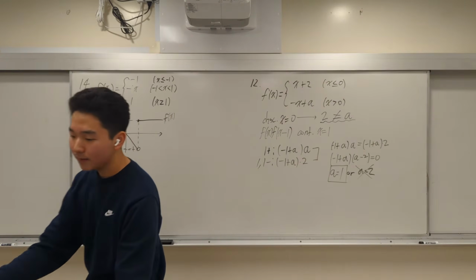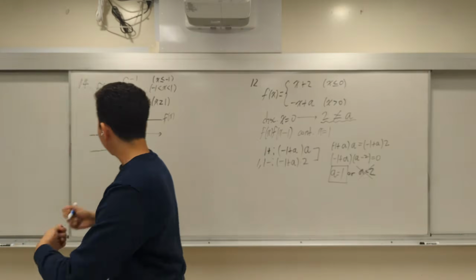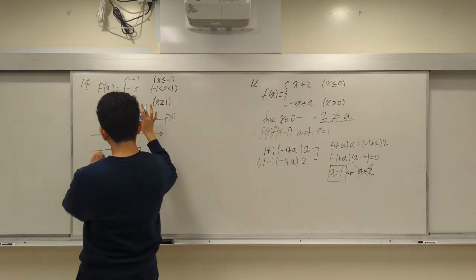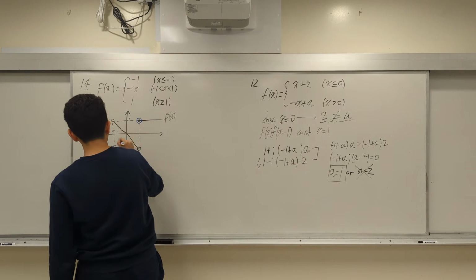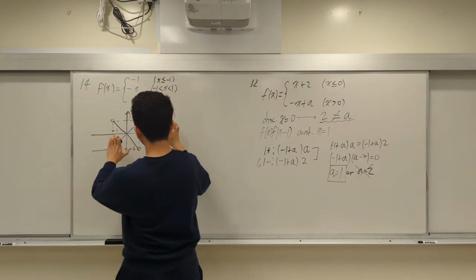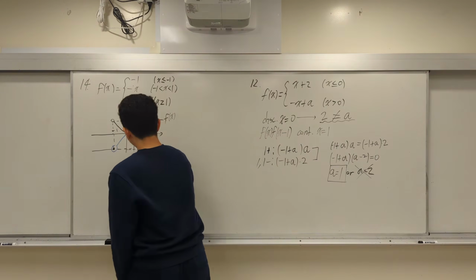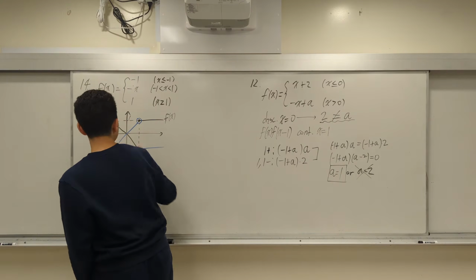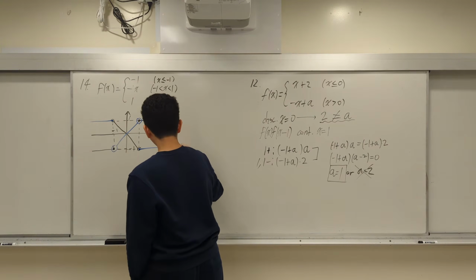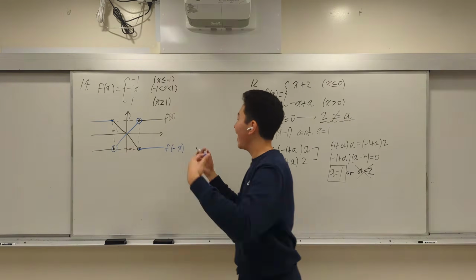So let me grab a blue marker and let's flip this like that. So open hole here, open hole here. We have a function going like that, and then we can flip the other ends as well. So like that and like that. So this blue graph is f of negative x, and we want to add those two.